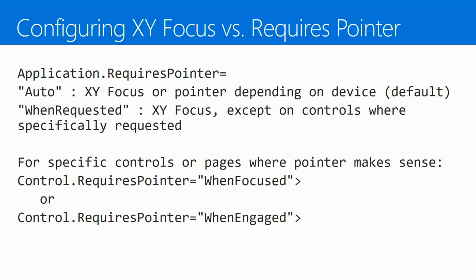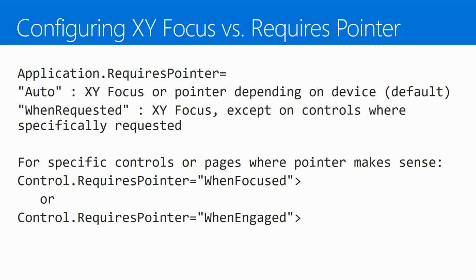So you can kind of do this both at the application level and at the control level. So application.requires pointer. By default, this is set to auto. If you set that to when requested, this will mean you're using XY Focus everywhere except the controls that you tell it not to.